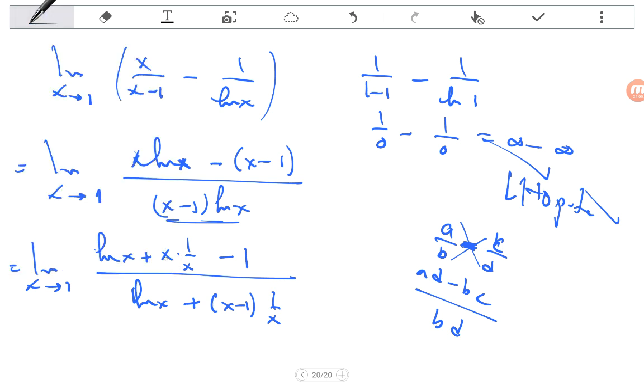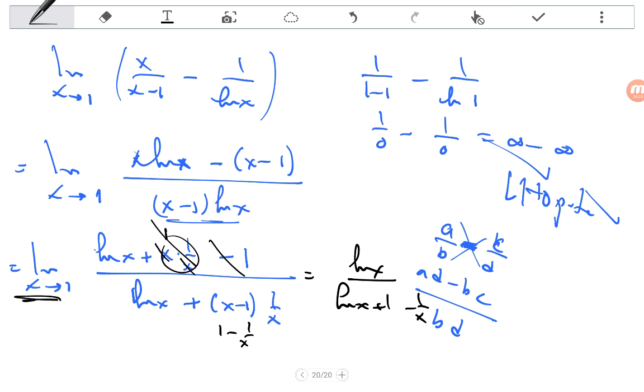X over x, that will be 1. 1 minus 1 is 0. So that will be ln x over 1 minus 1 over x. So that will be ln x plus 1 minus 1 over x.